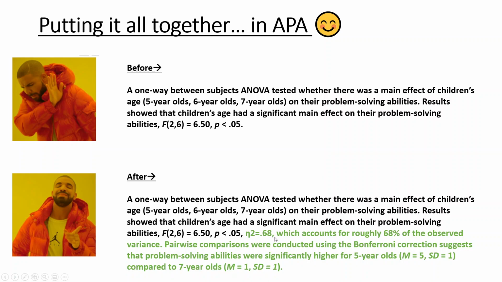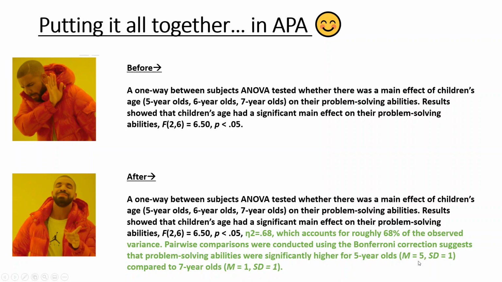So here, as I said in the previous slide, you'd add this on and say, which accounts for roughly 68% of the observed variance. And then we also just conducted pairwise comparisons using the Bonferroni correction, which suggests that problem-solving abilities were significantly higher for 5-year-olds compared to 7-year-olds.